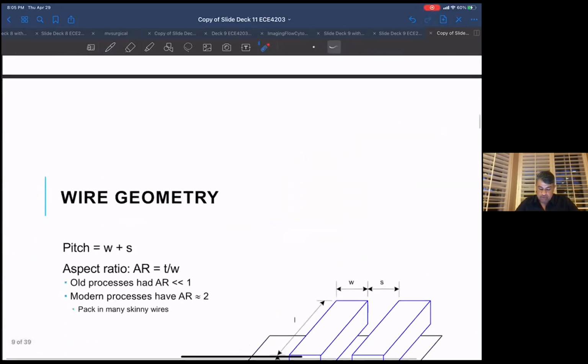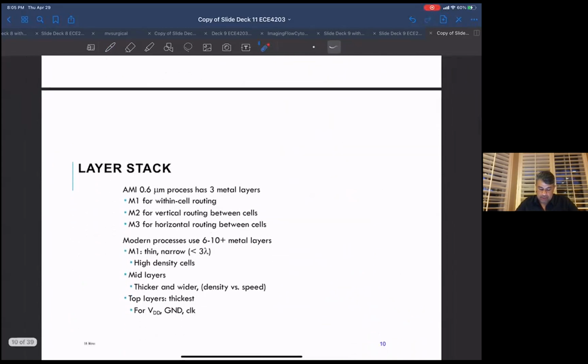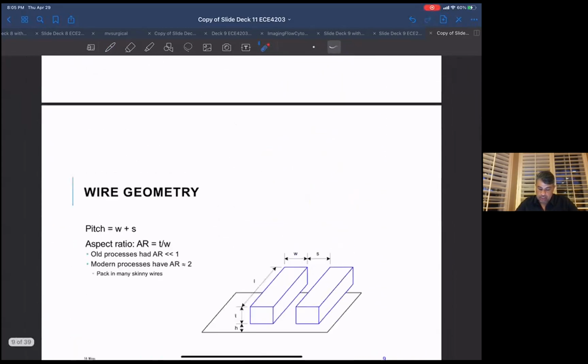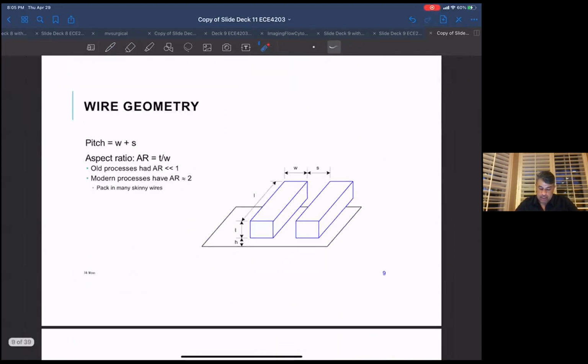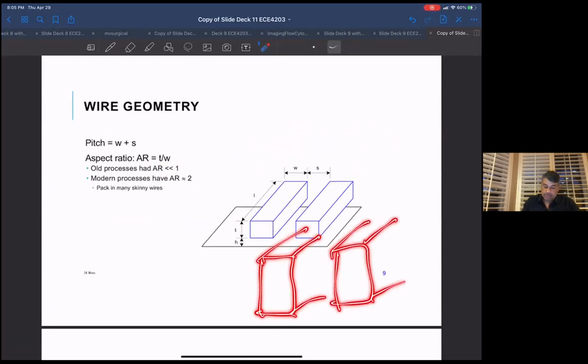Okay, so let's now think about the capacitance of the line. I've talked about the concept of aspect ratio, which is thickness over the width of the line. In old processes, these lines tend to be more like rectangles like this. Now, these days, they're more like tall rectangles running parallel to each other.